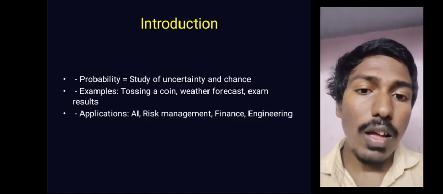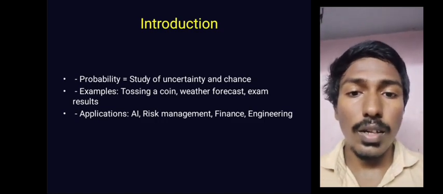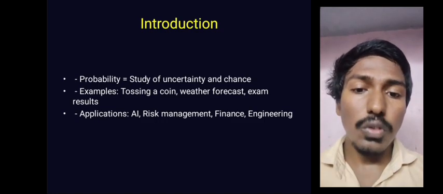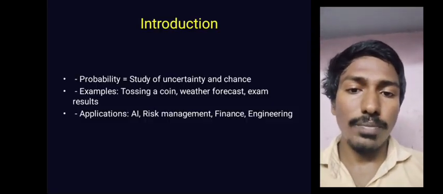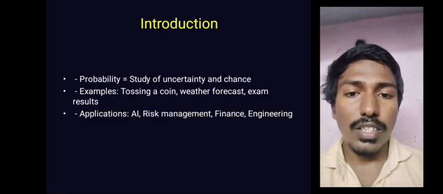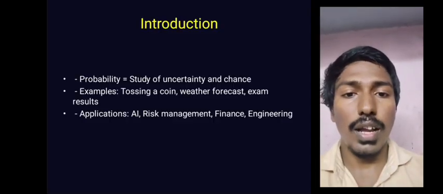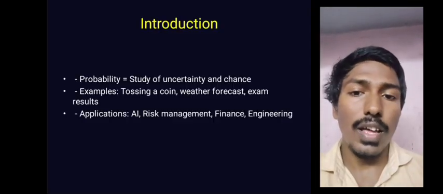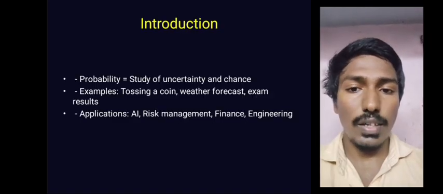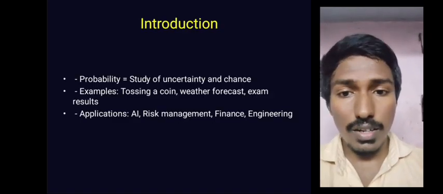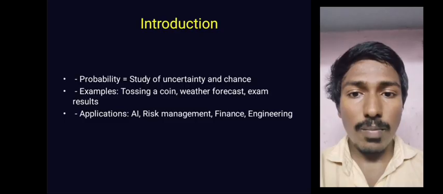If we use probability, we can predict what the outcome will be, for example tossing a coin, whether the forecast today is rain or not, or exam results. If we have some input data, we can calculate that probability.